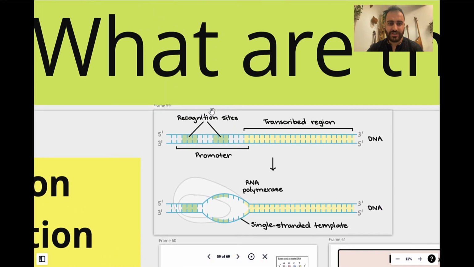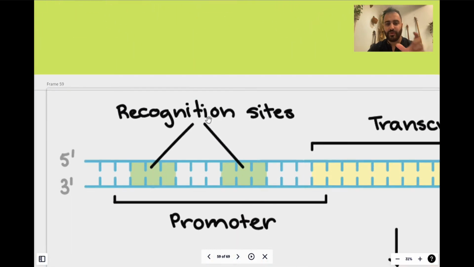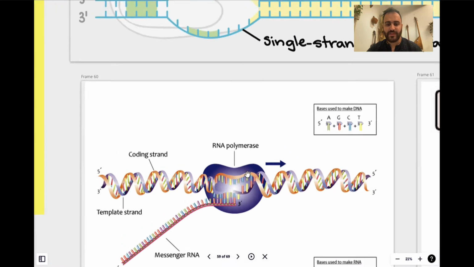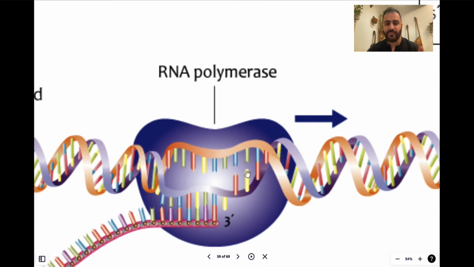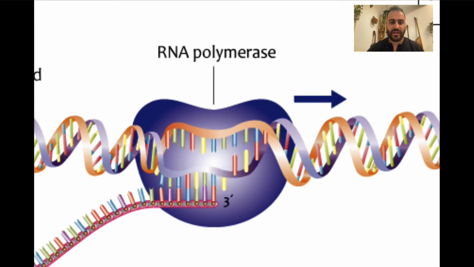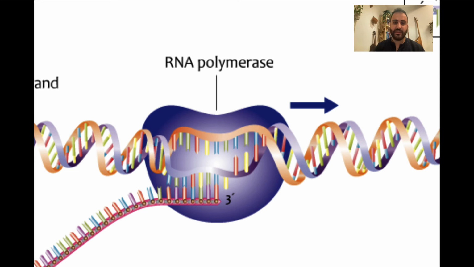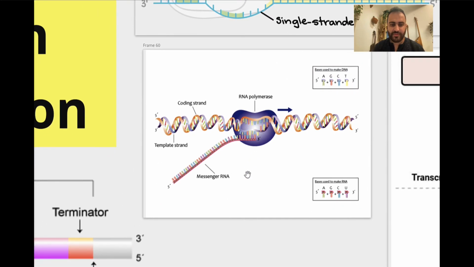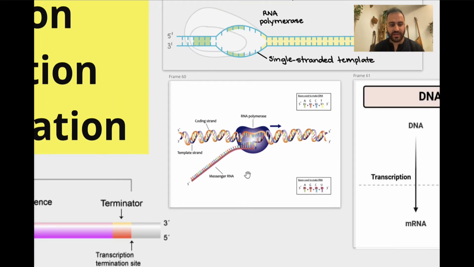So the initiation is going to happen at the promoter site. Then elongation will take place by the action of DNA polymerase that is going to scan the DNA with the help of helicase that opens the two strands. Then DNA polymerase is going to put the bases in the correct sequence, which is complementary to the DNA.